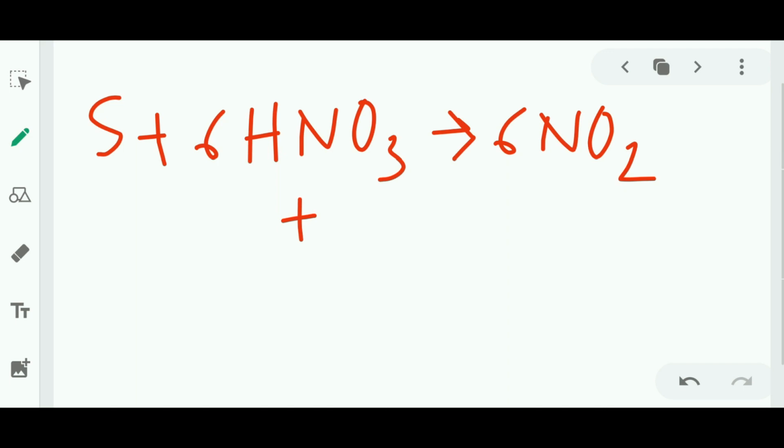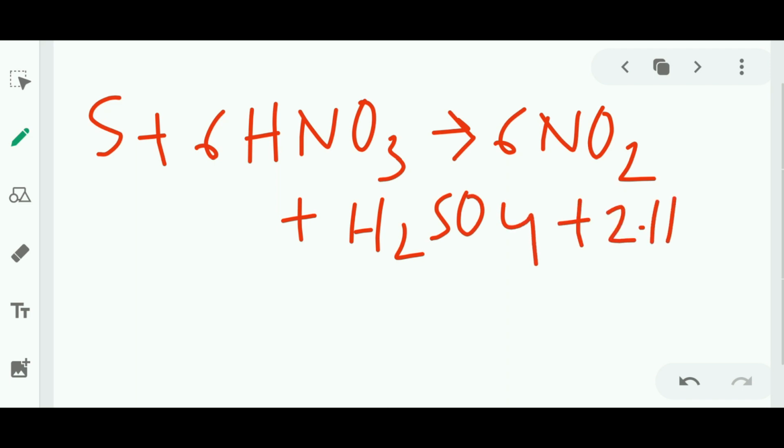So this is the oxidizing property of HNO3. Okay, so there are different reactions. You need to write those different reactions and try to remember them by writing them several times.